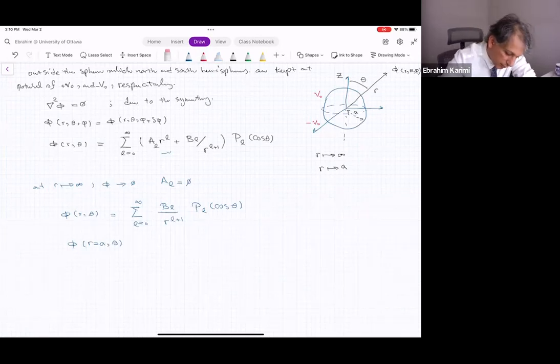Then the summation that we have will be reduced to the summation of L equal to 0 to infinity, BL A to the power of L plus 1, PL of cosine of theta.